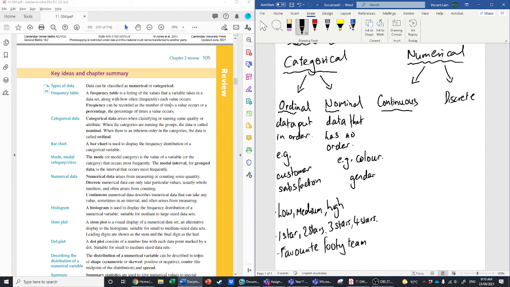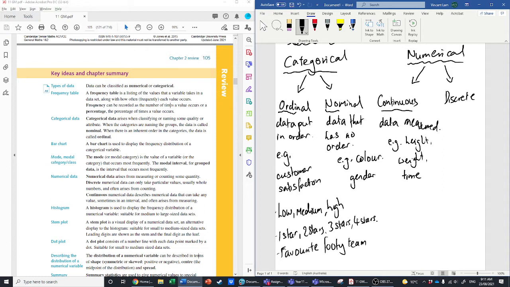Then we've got continuous for numerical. Now continuous, I normally say, is data that can be measured. So we've got example, height, weight, time. Time in seconds, time in minutes, things that you measure.